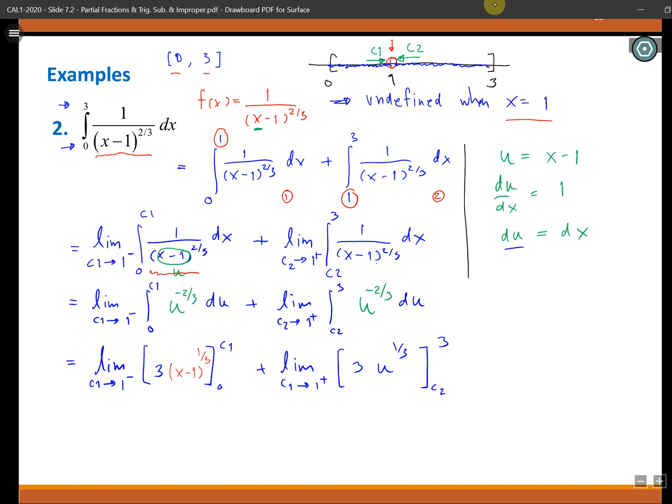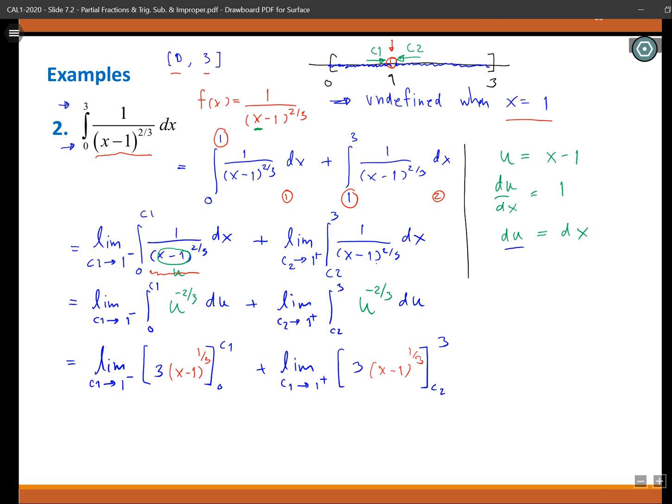Alright, same thing here. Substitute back, so we have x minus 1 to the power of 1 over 3. Or you can say that it's a cube root.